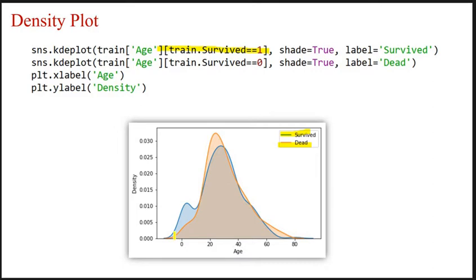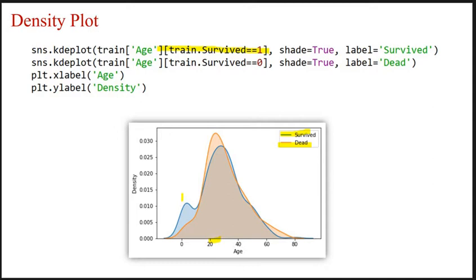Now this is an interesting observation again, that most of the children survived. And in this range of age 20-25, there were more people who died. Not a big difference, but there were more people who died than survived.